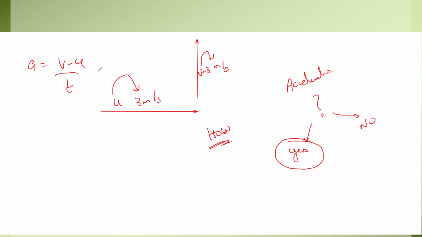So first we need v minus u. First we draw v, like v is 3 meters per second. Then we draw negative u. This is u towards the right, so negative u will be towards the left hand side.